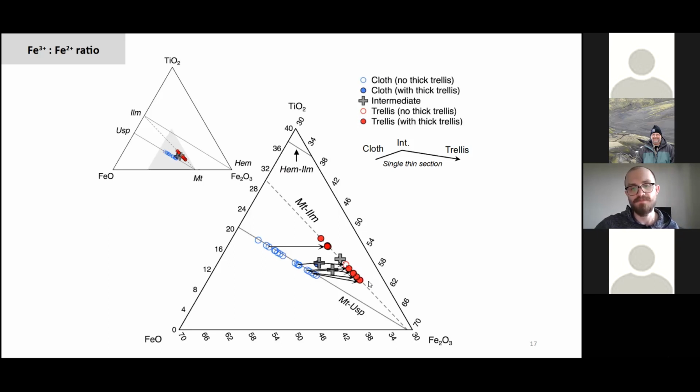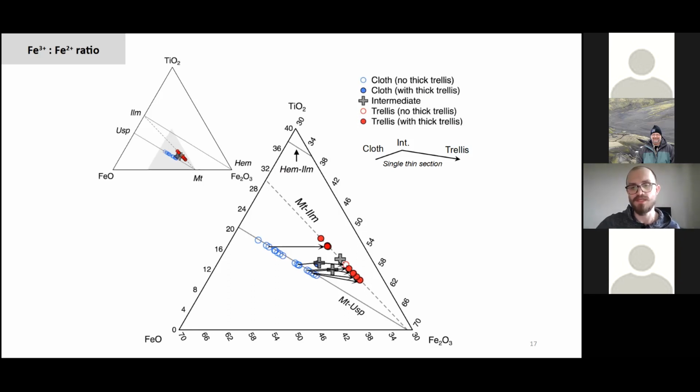So what we can see is the trellis varieties here in red follow the model in that they have a higher iron 3+ to iron 2+ ratio, and they lie along the magnetite-ilmenite tie line, whereas the cloth varieties lie along the magnetite-ulvospinel solid solution.